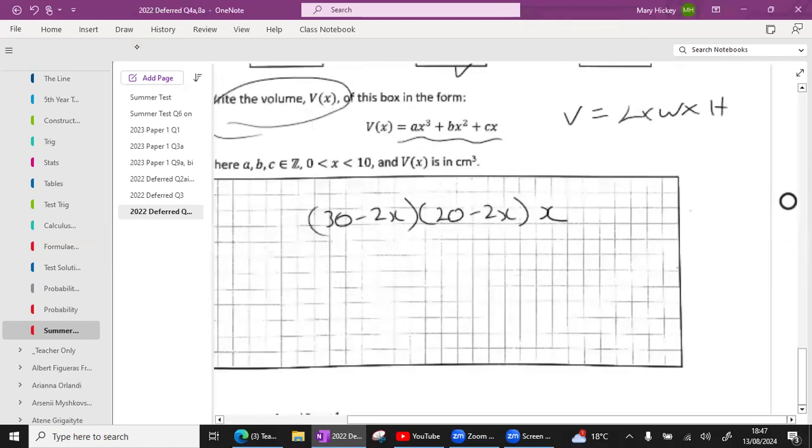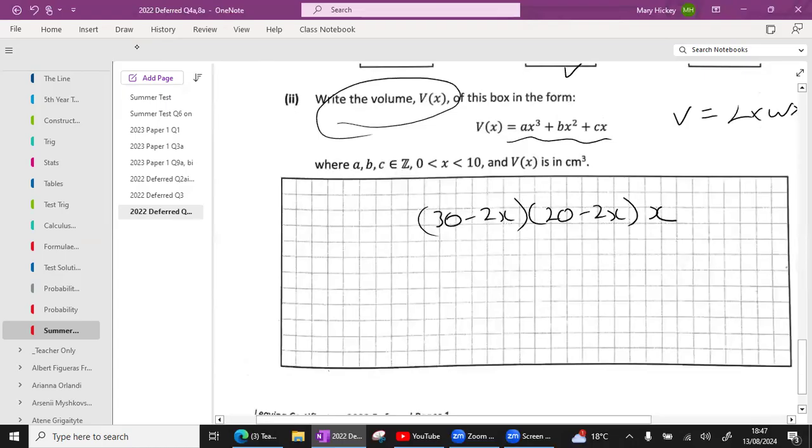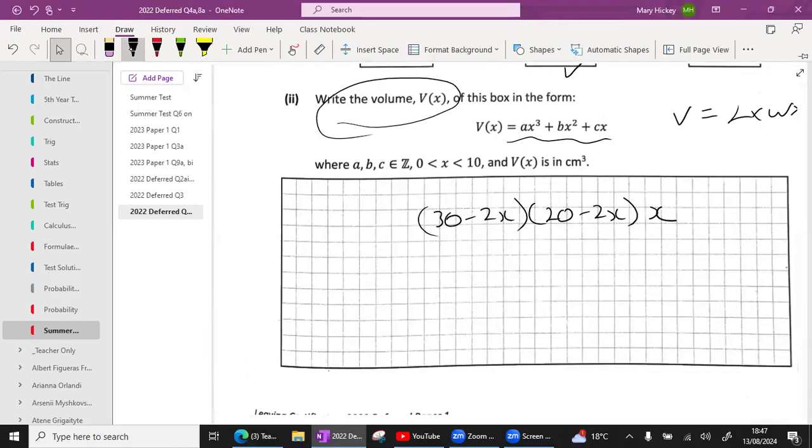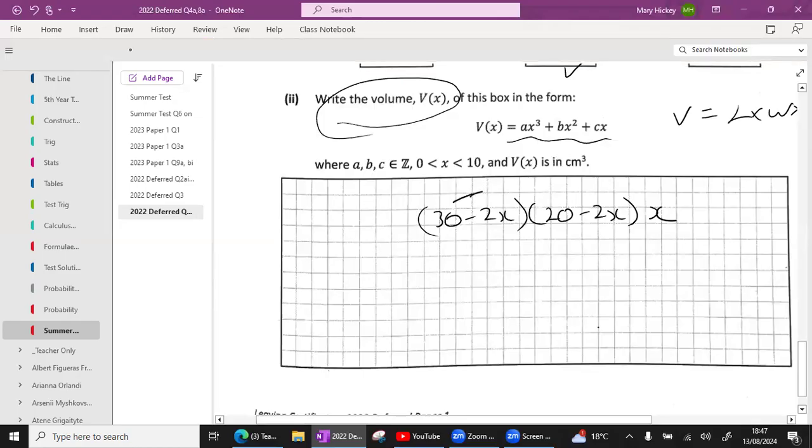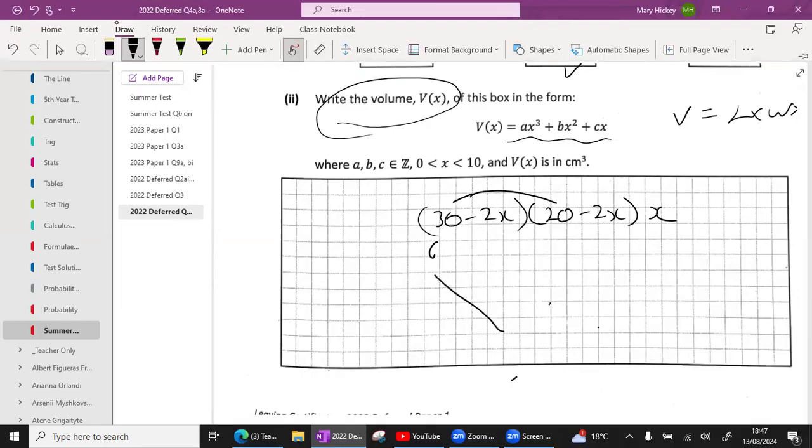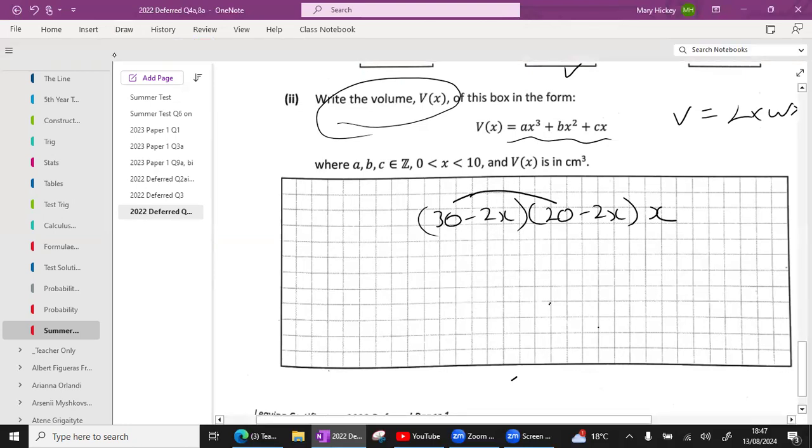Sorry, I just get my pen going here again. Okay, so I'm going to start by multiplying out these brackets here. So we have 30 by 20, so that is our 600. Sorry, guys, my pen is not cooperating.